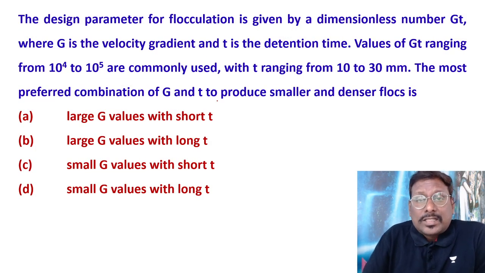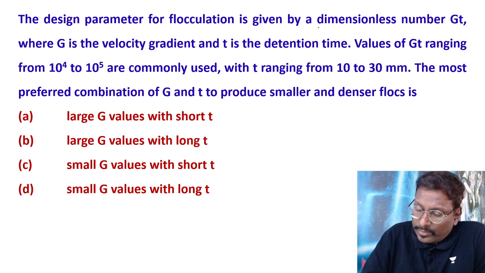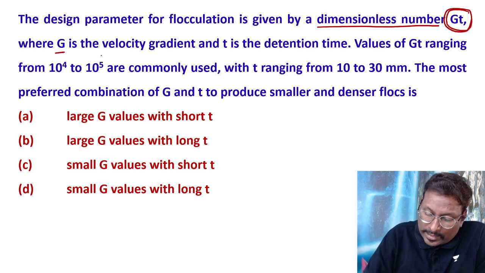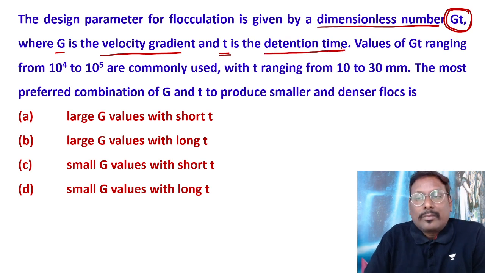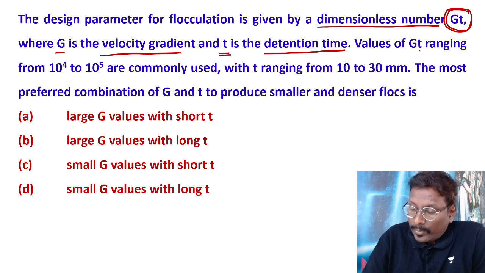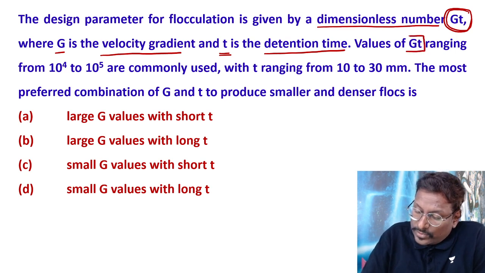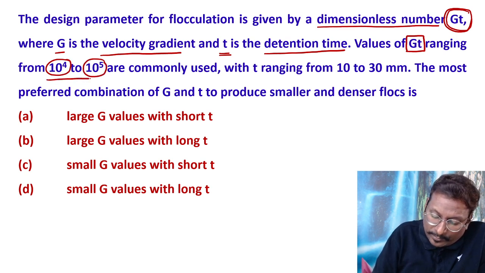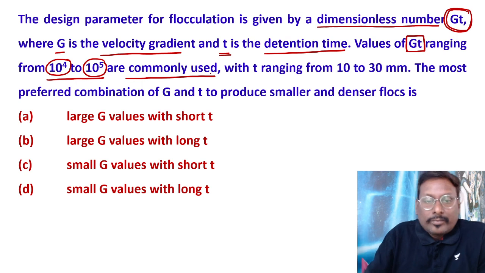Design parameter for flocculation is given by the dimensionless number GT. G is velocity gradient, T is detention time. Values of GT ranging from 10 power 4 to 10 power 5 are commonly used.